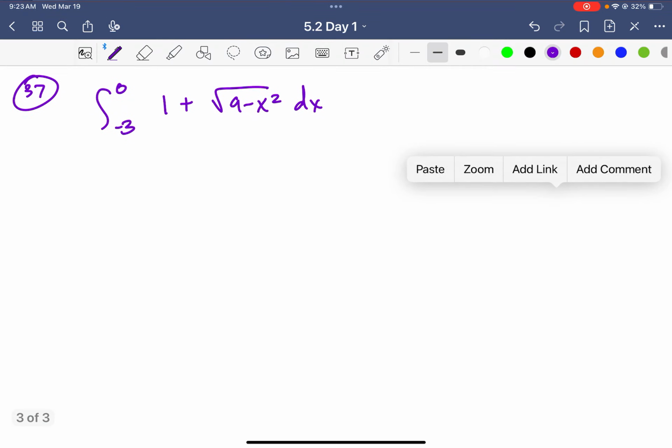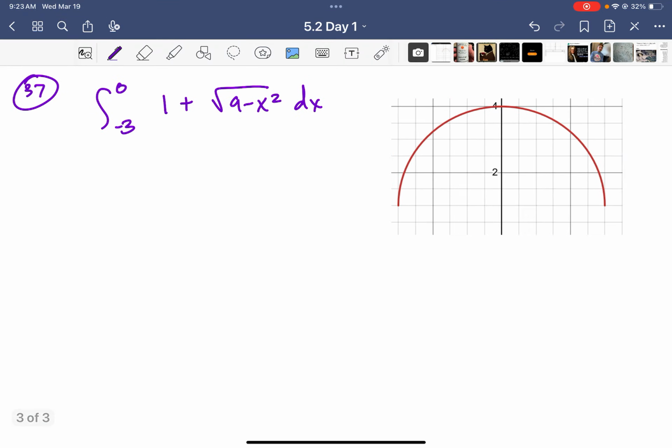So just so it's really clear that you can see what's happening, this part right here is a semicircle. So it's centered at 0 with a radius of 3 is what that's really trying to tell you. And then this +1 has just moved that entire graph up.